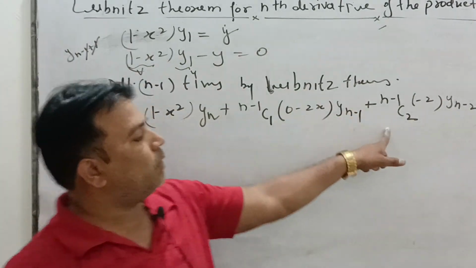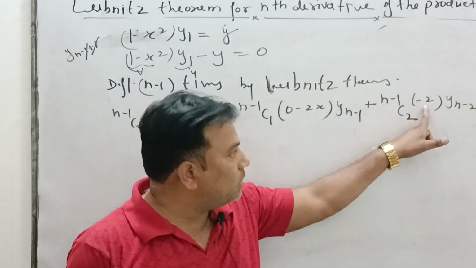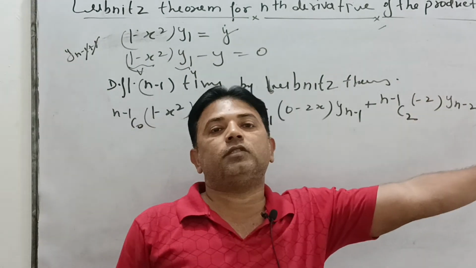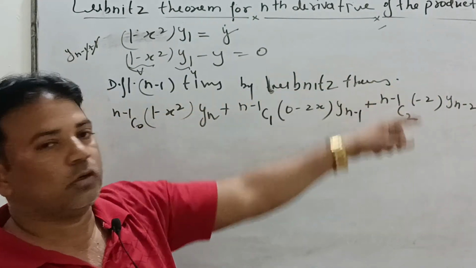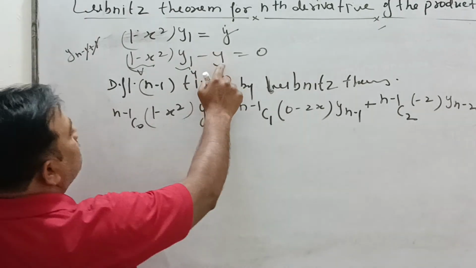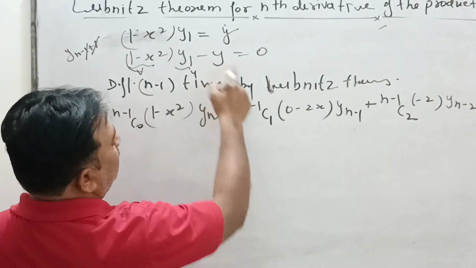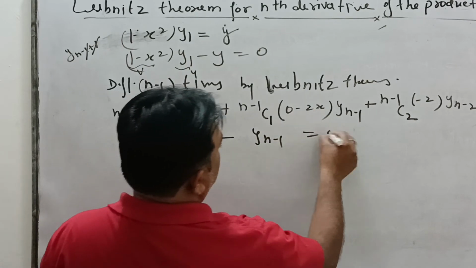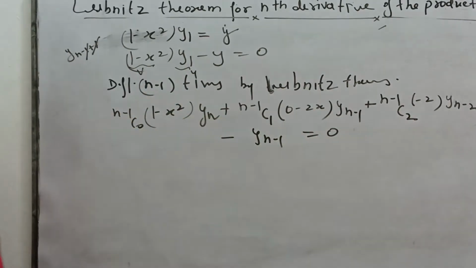Then n minus 1 c3, but the differentiation of minus 2 is 0, so all next terms are 0. We also have minus y n minus 1, equal to 0.